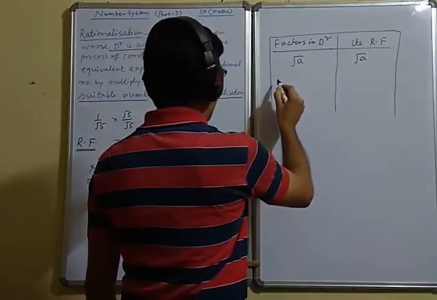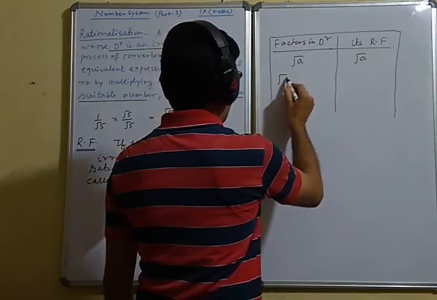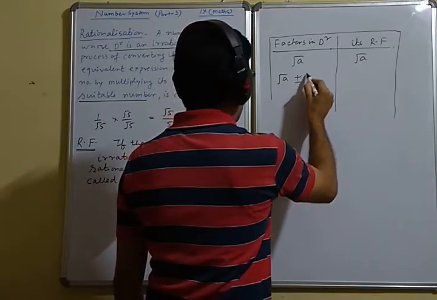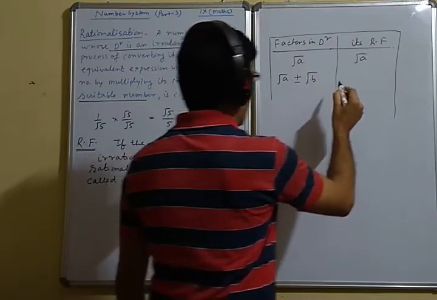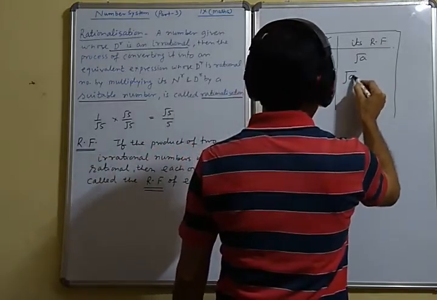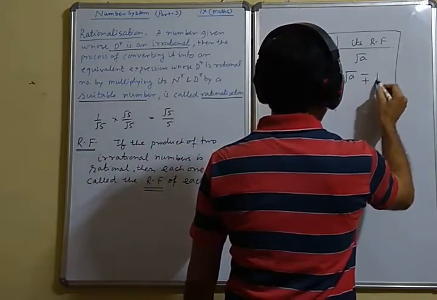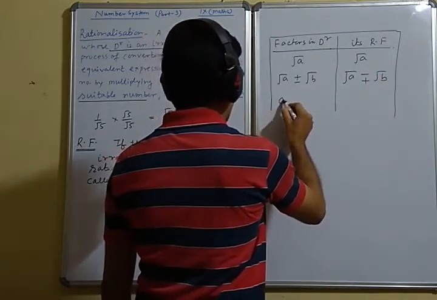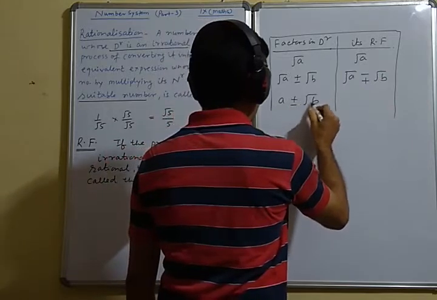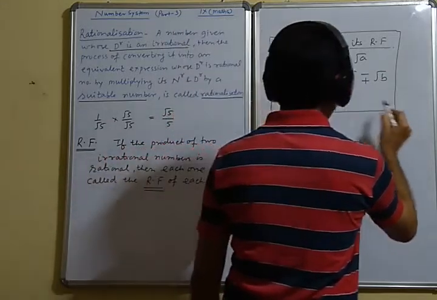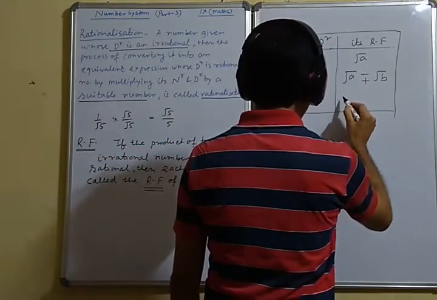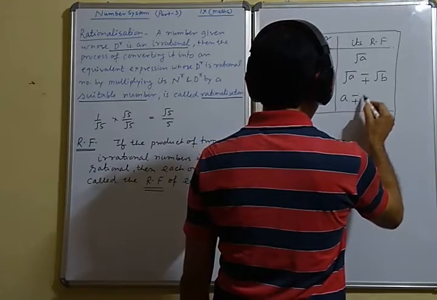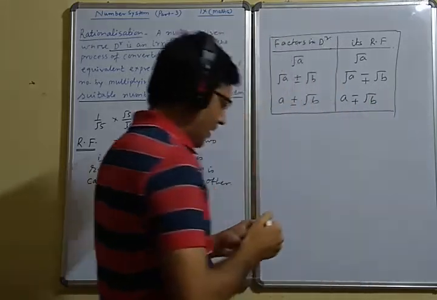If it is under root a plus or minus under root b, its rationalizing factor is under root a minus or plus under root b. If it is a plus or minus under root b, its rationalizing factor is a minus or plus under root b.